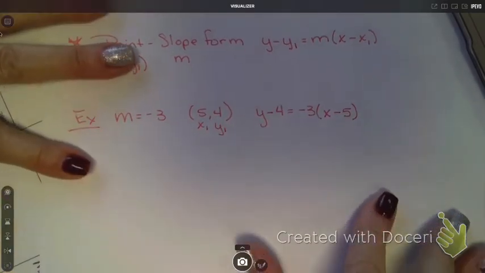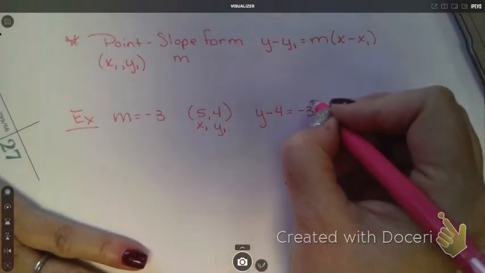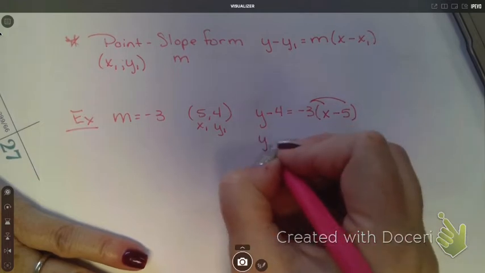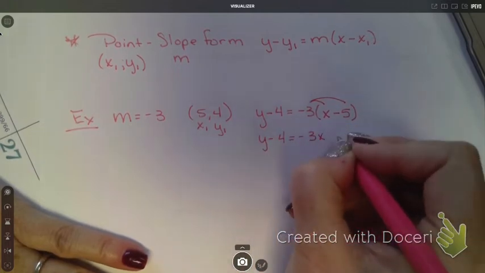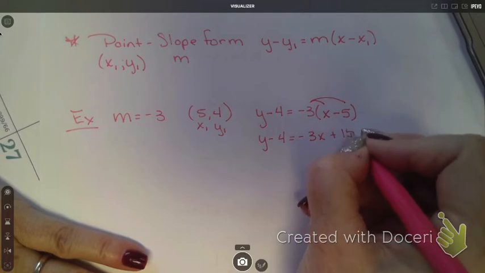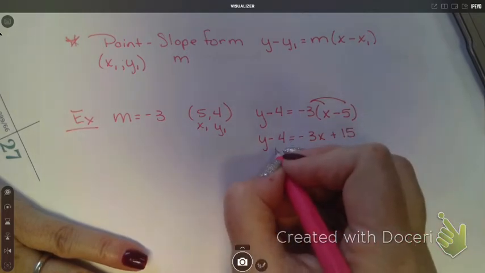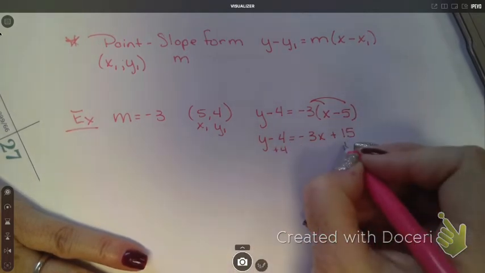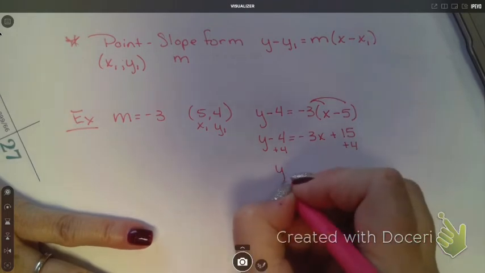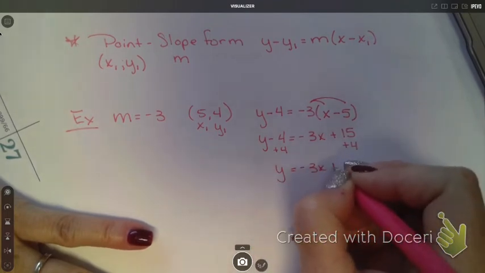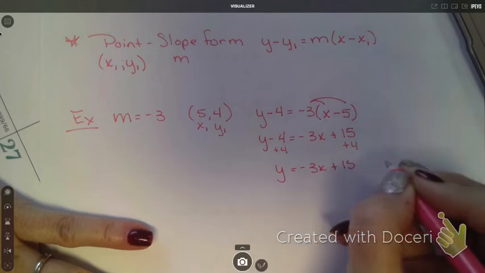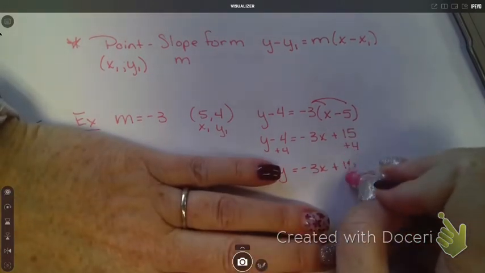I have to distribute the -3. So y minus 4 equals -3x plus 15. And then add my 4. And I have y equals -3x plus 19. Oh, 19. Thank you. I didn't add.